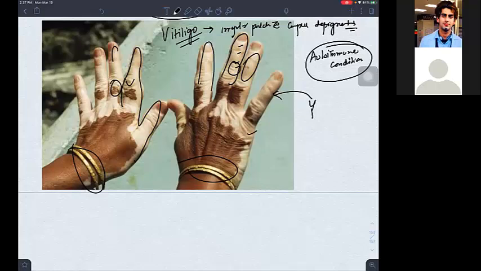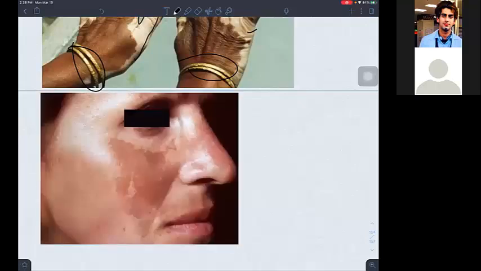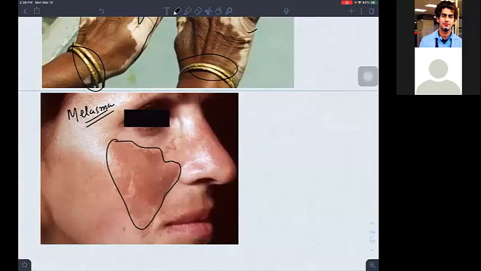because it has associations. Pregnant lady, this pigmentation disorder is called melasma. This is actually a physiological change in pregnancy. It is called chloasma also.